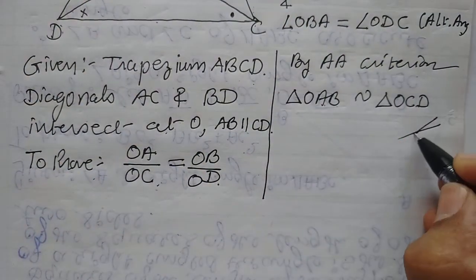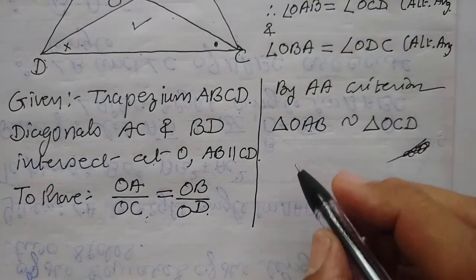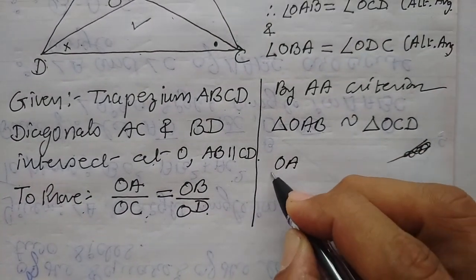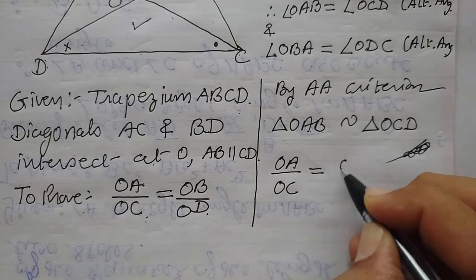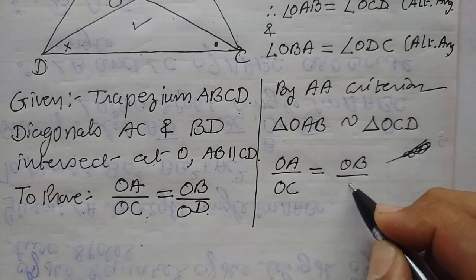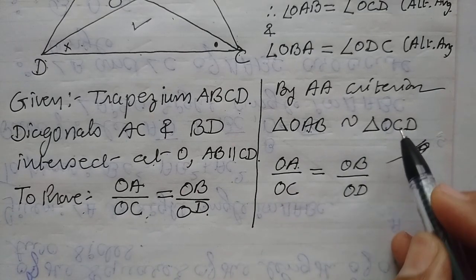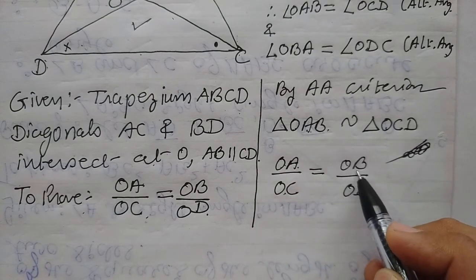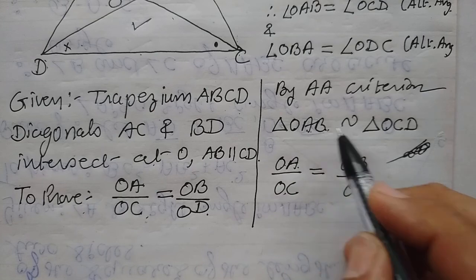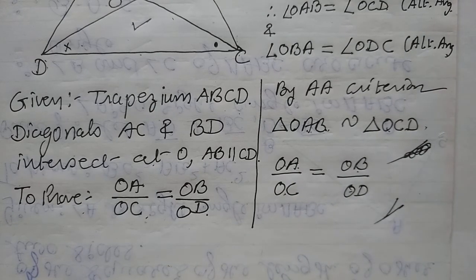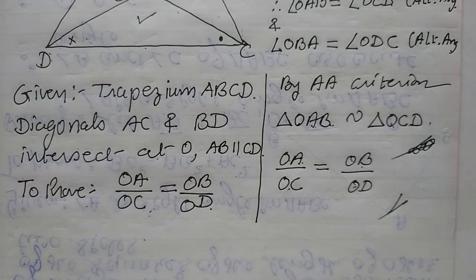We proved similarity. So what? Corresponding sides are proportional. So OA upon OC equal to OB upon OD. OA first two letters, so here also first two letters. OB first letter and last letter, so here OD. So here we have proved this, children.